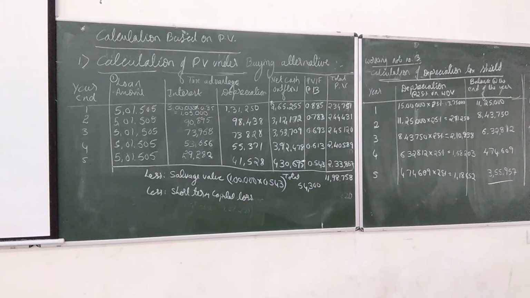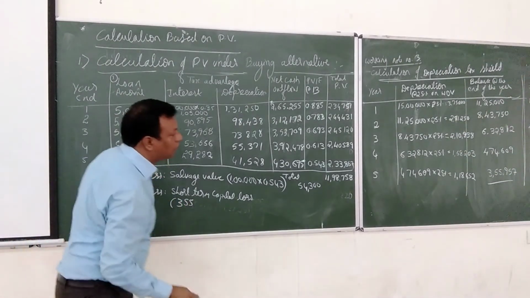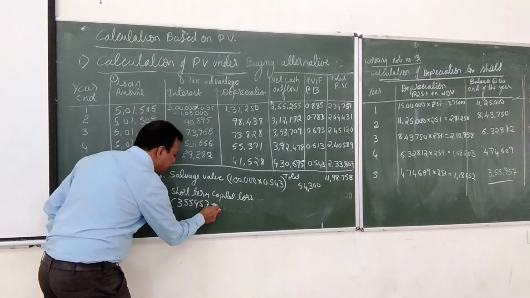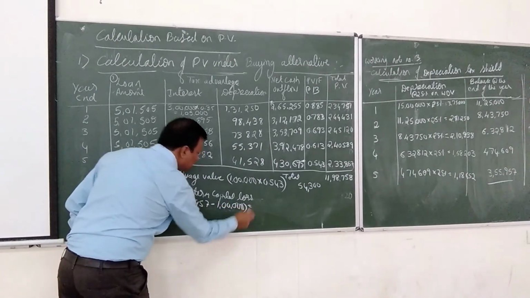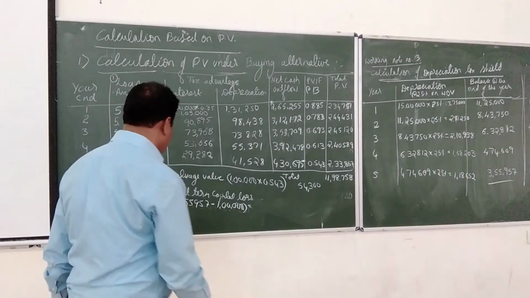So how much loss did we incur? Short term capital loss is 3,55,957 minus 1 lakh. How much comes to?